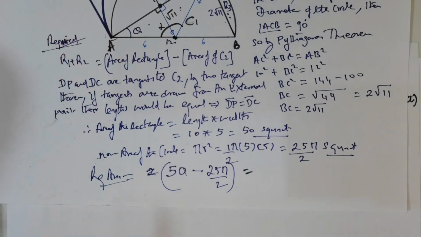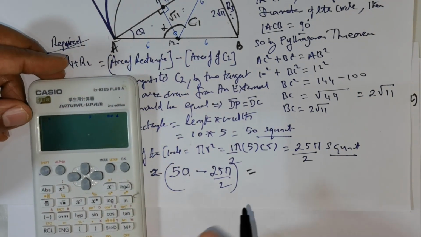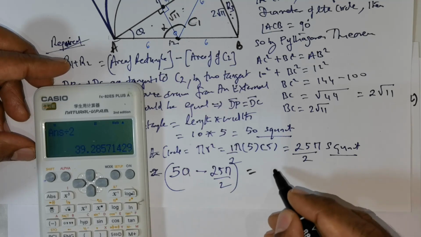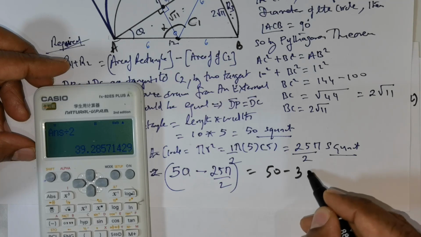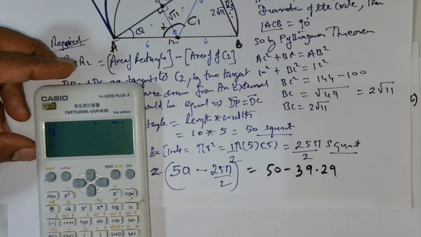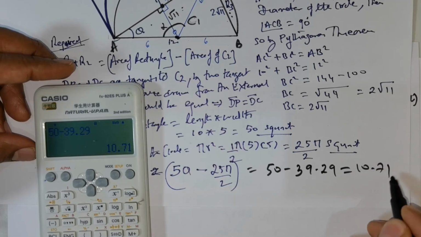Let me calculate this value. 22 divided by 7 multiplied with 25, and I divide by 2. So this is 50 negative 39.29, that is equal to 10.71.